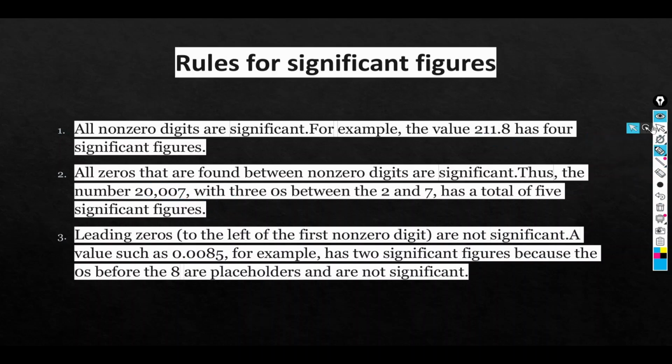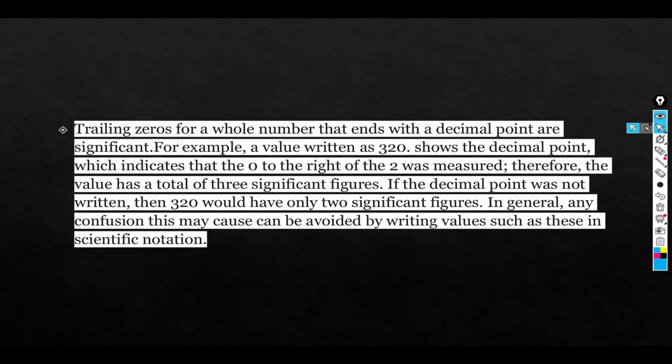Now move on to the next rule. Trailing zeros in a whole number that ends with a decimal point are significant. Like the example that I have given you, 320, and after that there is a decimal point. So how many significant figures are there? 3 significant figures are there.